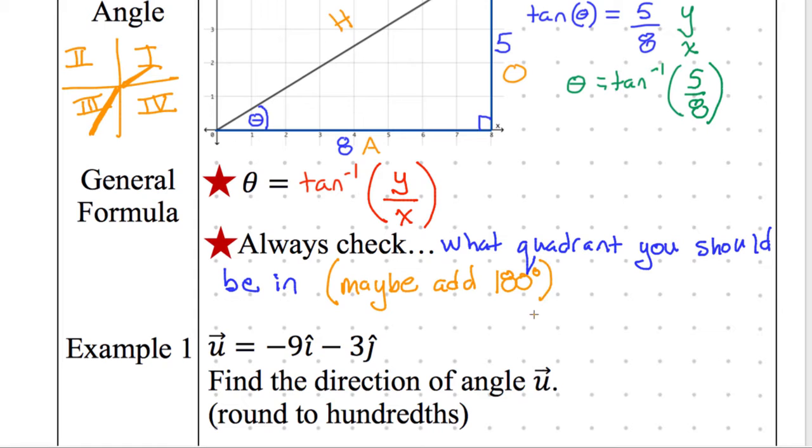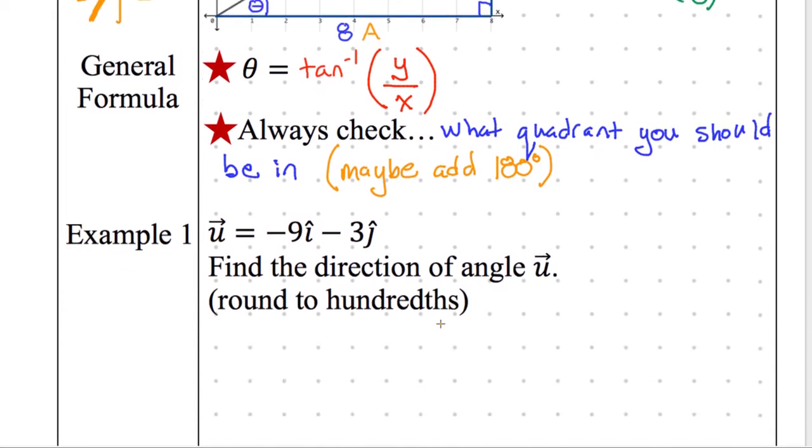Sometimes you'll have to add 180 degrees. If you're in the wrong quadrant, you'll probably add 180 degrees. Otherwise, you're probably in the right quadrant. And we'll see an example of this, so don't fret about it now. In fact, I made the first example using this rule so we can see what happened. All right, so far so good? All right, let's go to our first example.